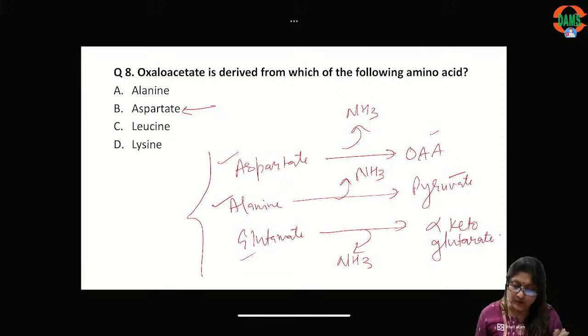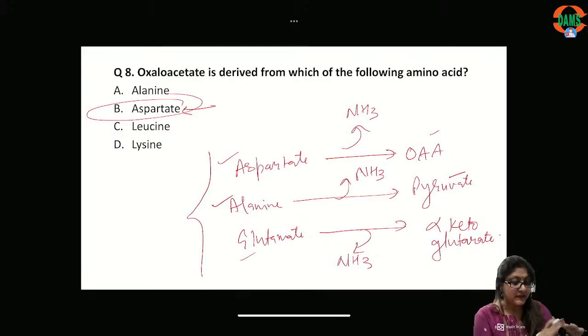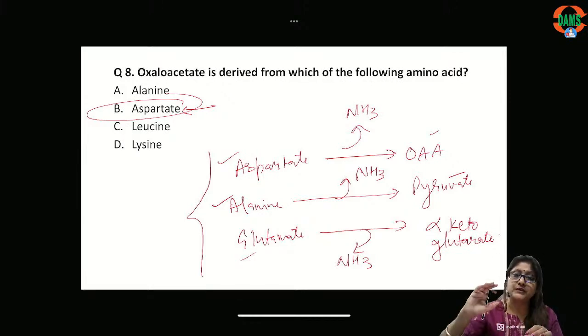Alanine and pyruvate, glutamate and alpha ketoglutarate, they are respective amino acids and keto acids, right? So if you know this concept, you can very well apply it here and easily answer that aspartate is the precursor of oxaloacetate. So whenever aspartate transamination is taking place, it's going to get converted to oxaloacetate, which is going to enter the TCA cycle, right, and run the TCA cycle.